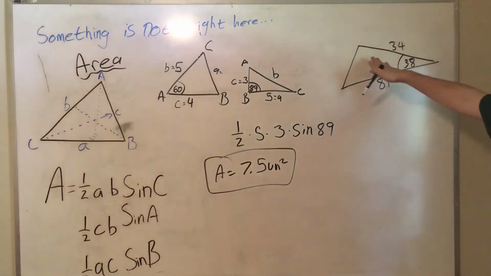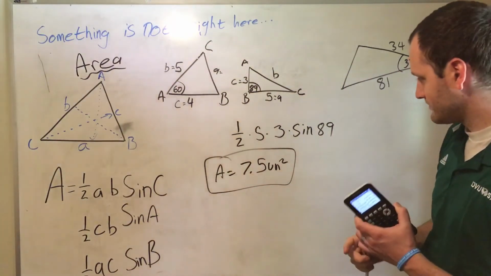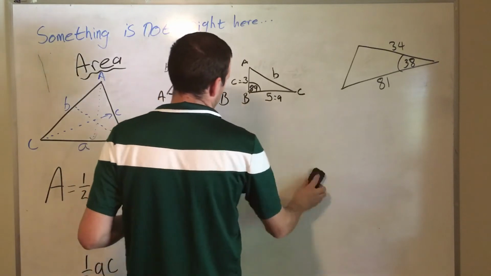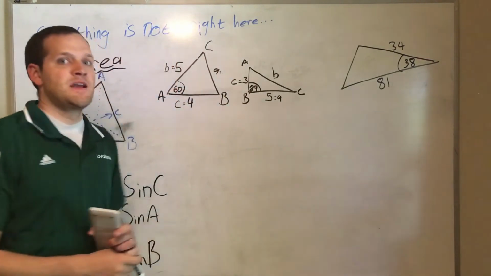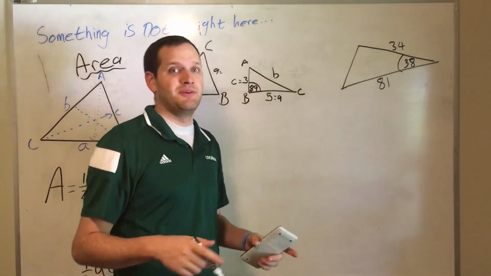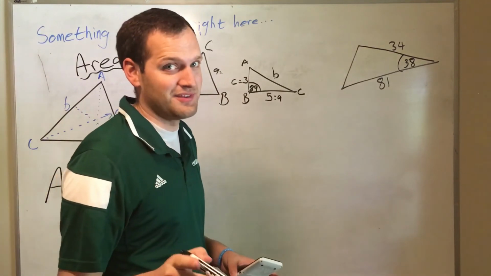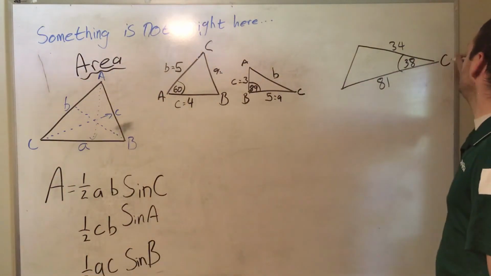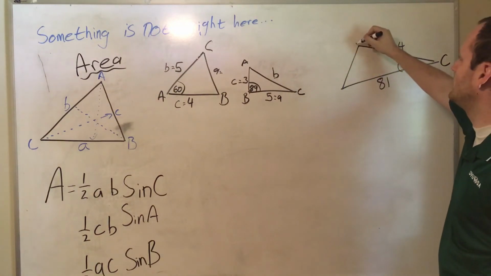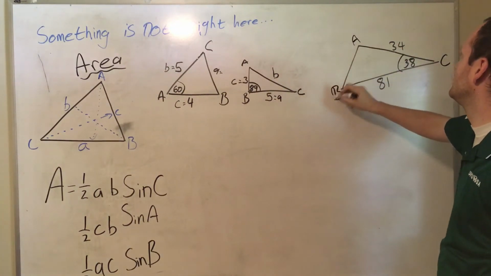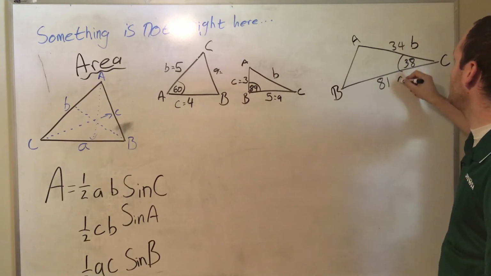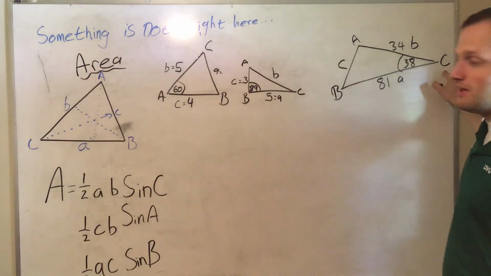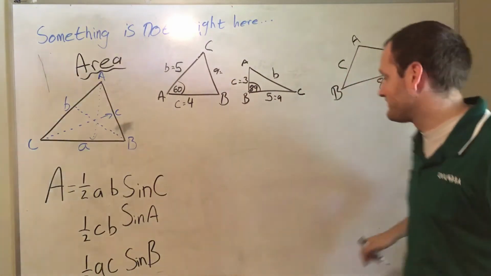All right, your turn. Try this last one. You should have the answer to the last one by now. If you don't, pause it. Here we go. So we've got angle C, angle A, angle B, side B, side A, side C. If I'm using angle C, I'm going to use this first formula.